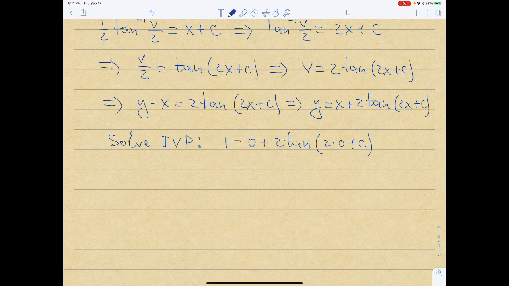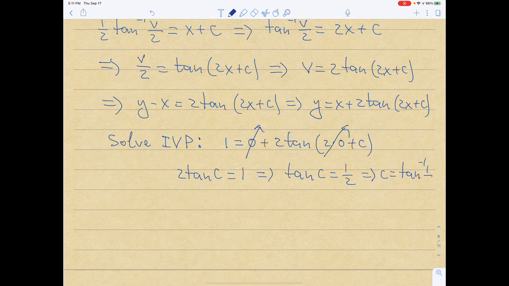So this gives us, 2 times 0 is gone. This 0 is irrelevant. So we have that 2 tangent of c is equal to 1. So tangent of c is 1/2, and therefore c is arctangent of 1/2, whatever this is.